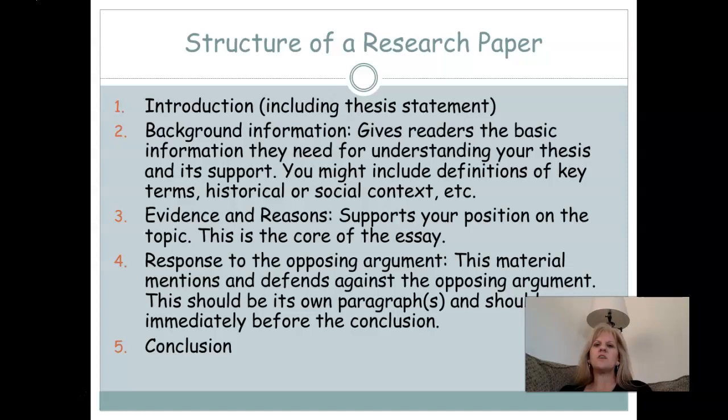Background information is not going to be required. It just depends on what your topic will be if you will have a background paragraph that's going to be separate from the introduction. A lot of people just give their background information in the introduction, but if you have some lengthy background information you need to give, then you might want to have a separate paragraph. For instance, I've had a student write a paper on whether cloning should be legal in the US, like scientific cloning.